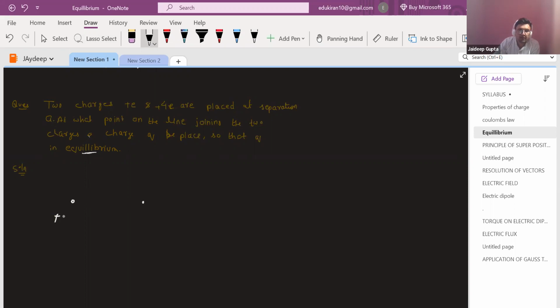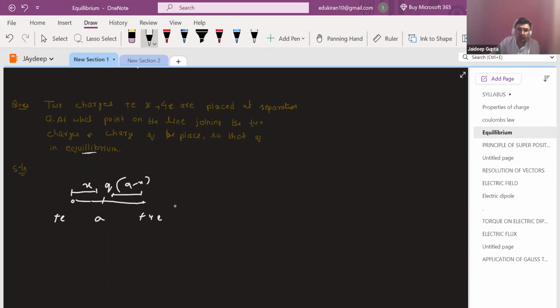So plus E and plus 4E are two charges separated by a distance A. Let Q be at a distance X from E, so the other distance would be A minus X. Let Q be the place where the charge is in equilibrium.